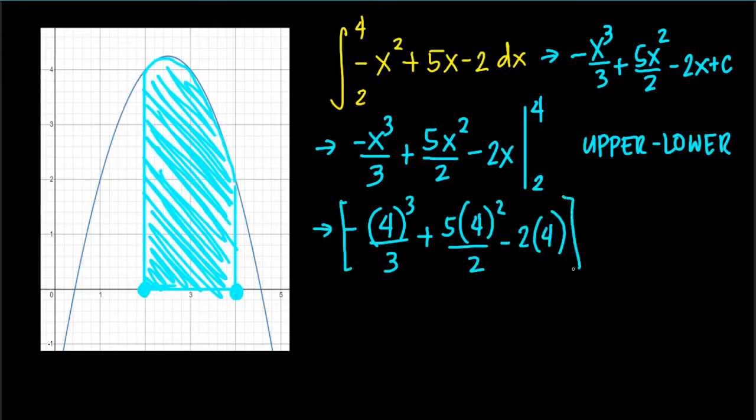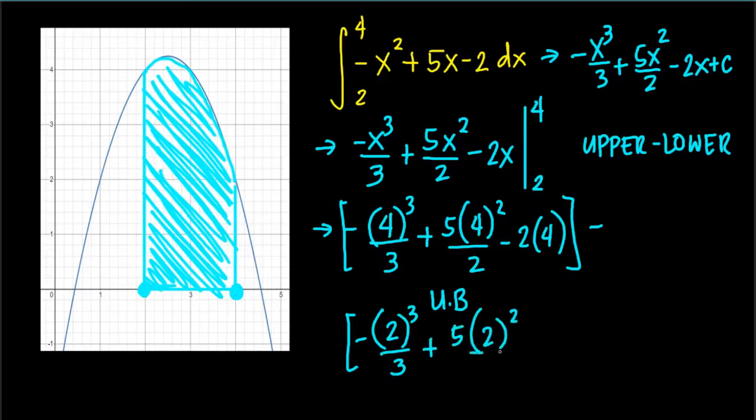All of this is for our upper bound. Minus, okay. We have -2 cubed over 3 plus 5 times 2 squared over 2 minus 2 times 2. Okay. This is all for your lower bound.